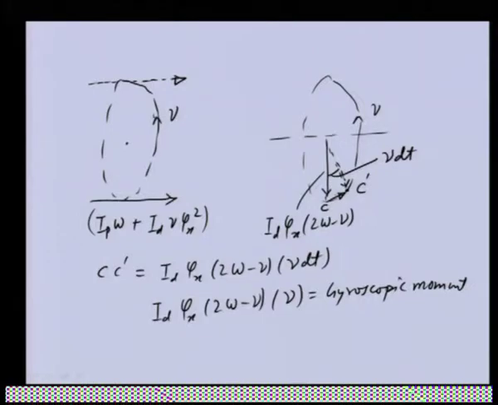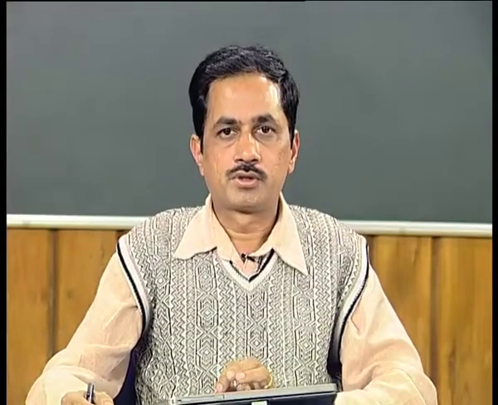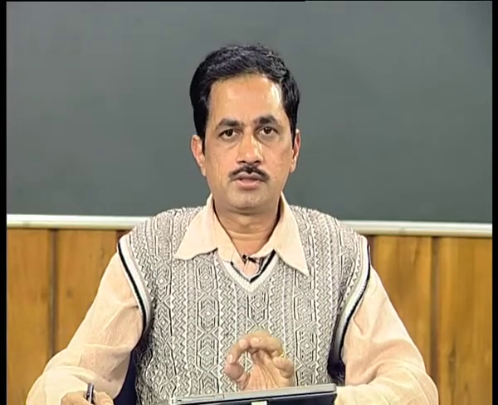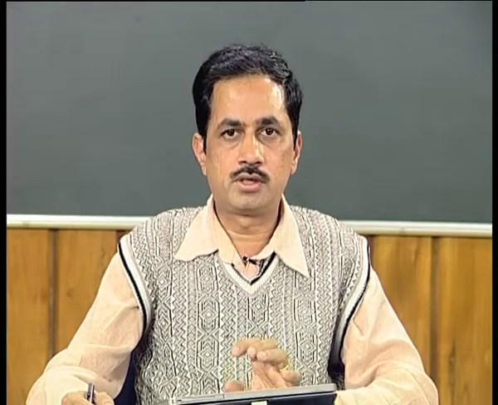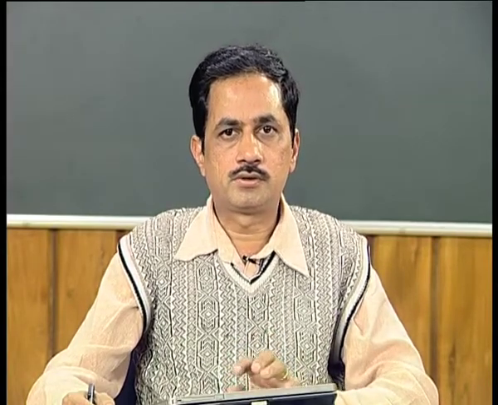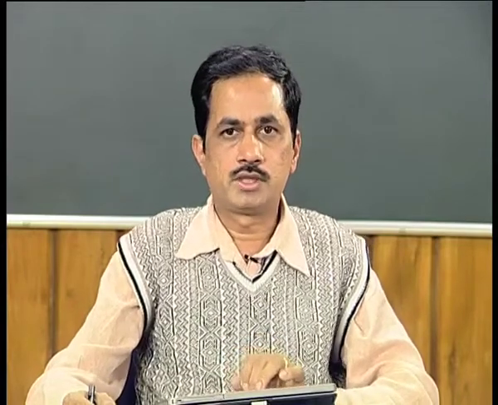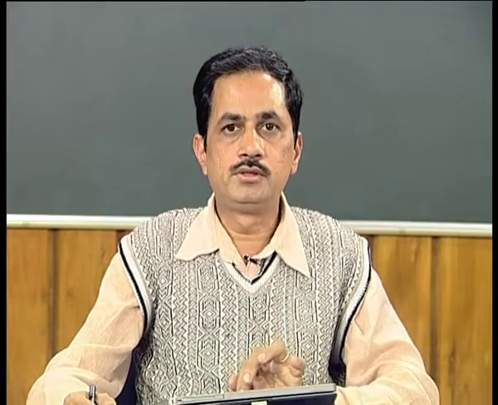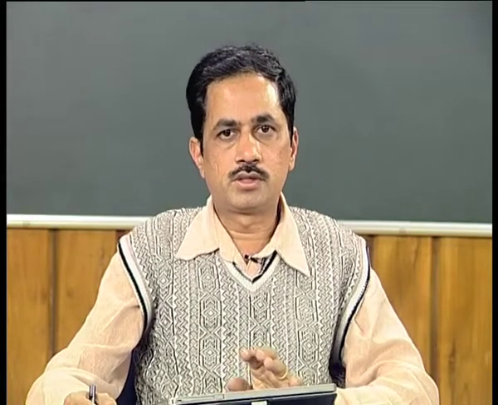So, this particular gyroscopic couple which we obtained is an active couple which this particular disc will experience, and as we obtained, the direction of the gyroscopic moment is from C to C prime, that means into the screen. If we want to know the gyroscopic couple acting on the shaft due to the reaction, it will be opposite to that, that means it will be acting in the counterclockwise direction onto the shaft.